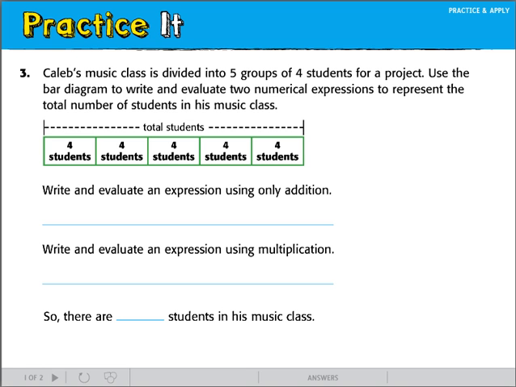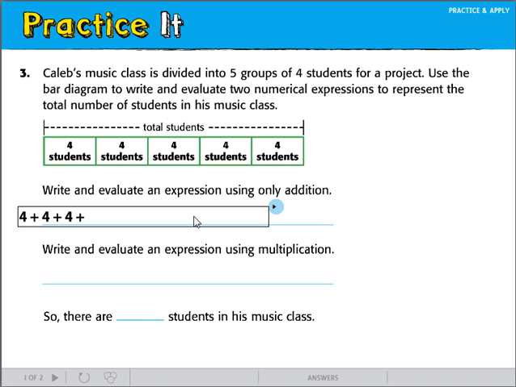So, and I'm going to type this because I don't feel like writing. So the first one says using only addition. So I'm going to go 4 plus 4 plus 4 plus. How many 4s do I have here?